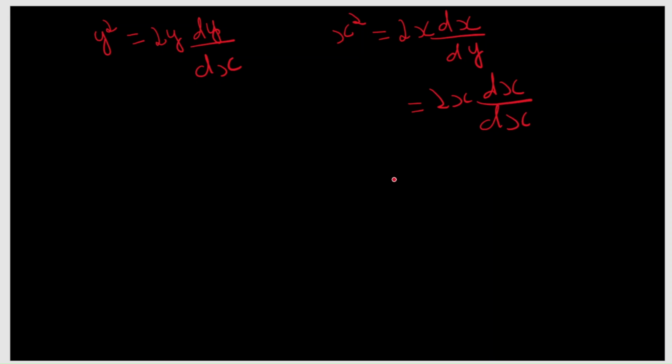So here's the main thing. When we differentiate x square, it is usually 2x dx over dx. But we don't write it because this dx and this dx cancel out and give 1. I'm just giving you an intuition for why we use 2y dy over dx.